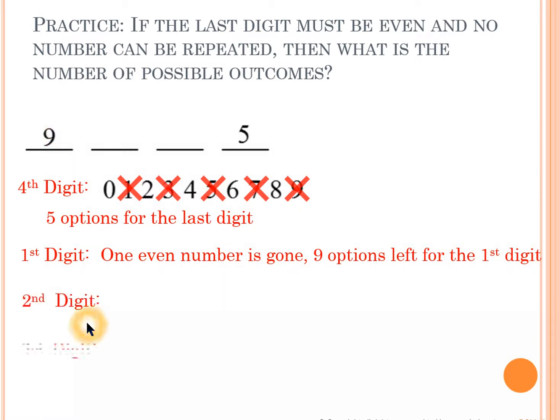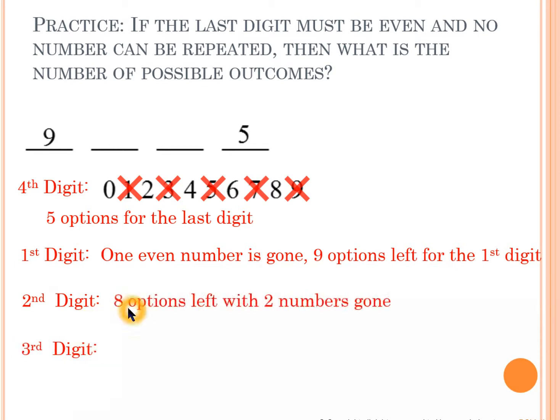Now for the second digit, 8 options are left with 2 numbers that are gone. If I've used one number here and one number there, those numbers are no longer available for the second digit, so I have 8 possible choices left. And for my third digit, I have 7 options left because 3 numbers are gone.